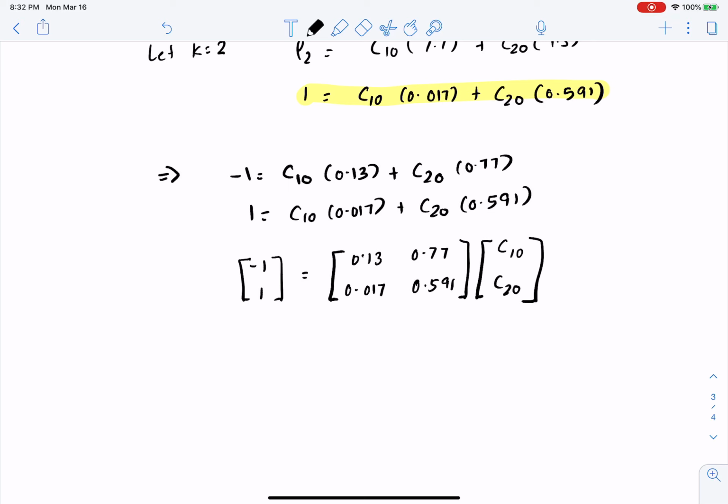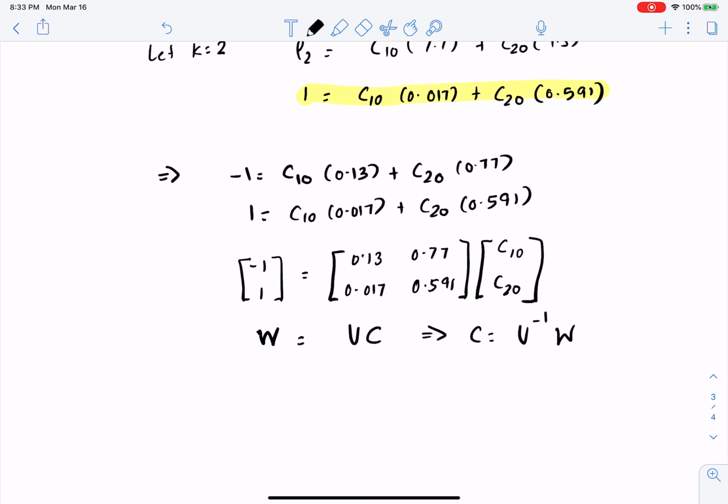Very similar to our previous estimation, where we estimated coefficients, we could call this matrix U, that W, and this is C. So C is U inverse multiplied by W. You can Google or look at YouTube on how to find the inverse of a matrix using a TI-84.